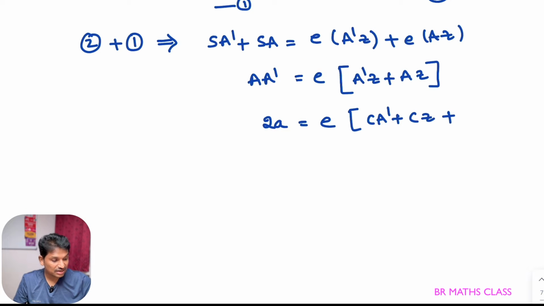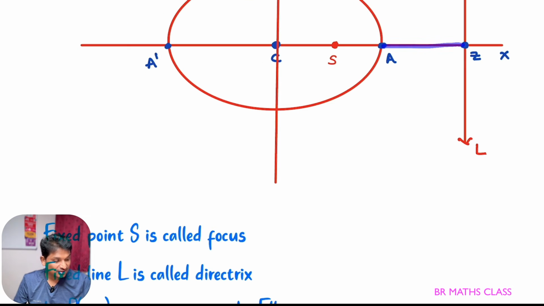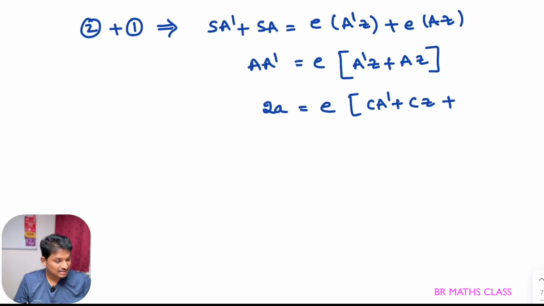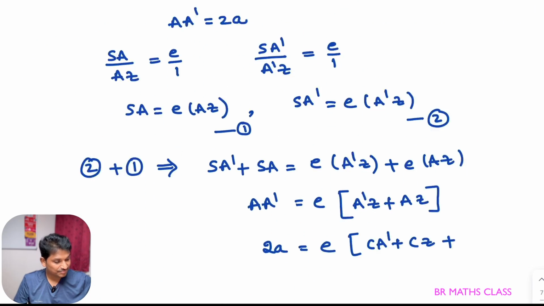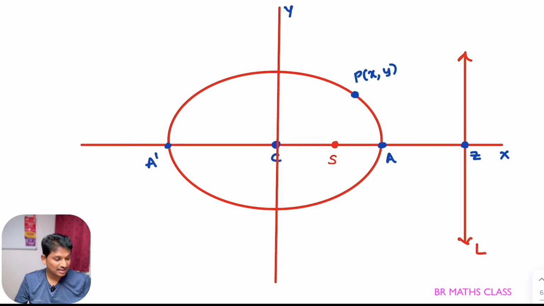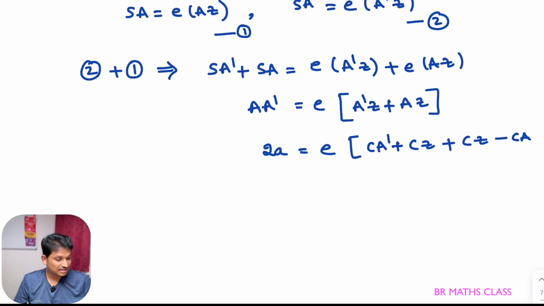Look here, AZ. AZ also you write by including C. How will we include C here? I'll write CZ minus CA. CZ minus CA is what? Observe the diagram, CZ minus CA is AZ, right? So I'll write this AZ as CZ minus CA.